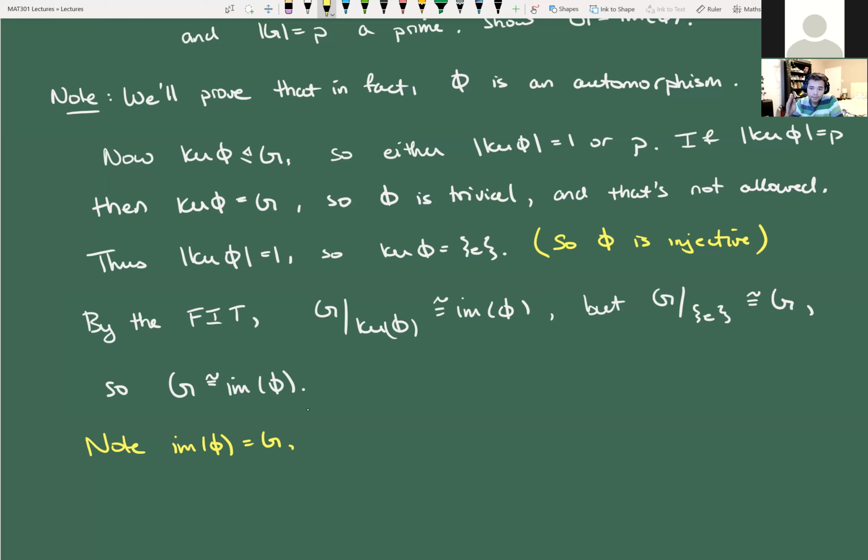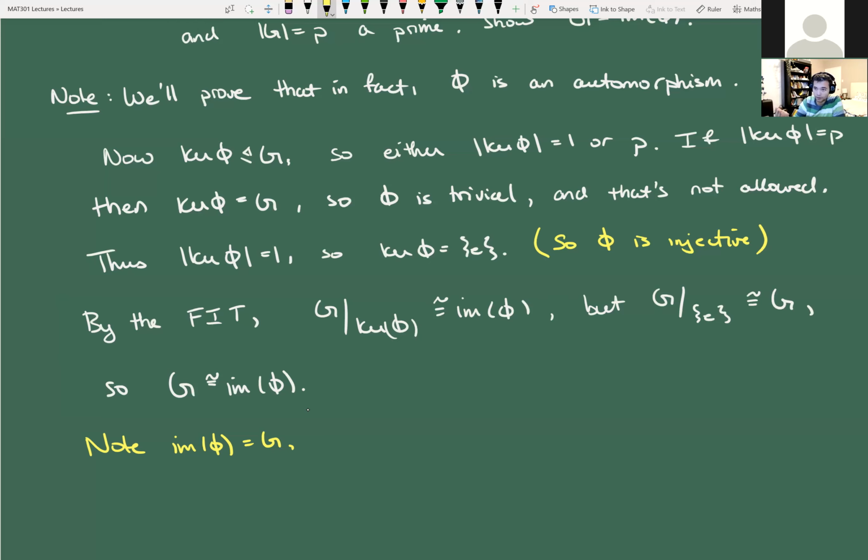Because G is finite, if I give you an injective map between G and G, it must also be surjective. This is like a Math 102 thing. It only works for finite groups.